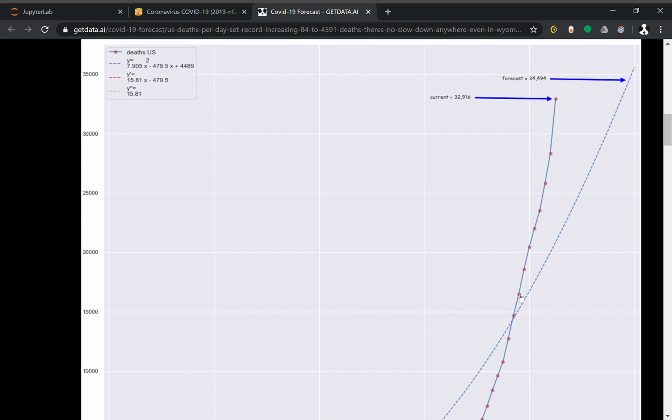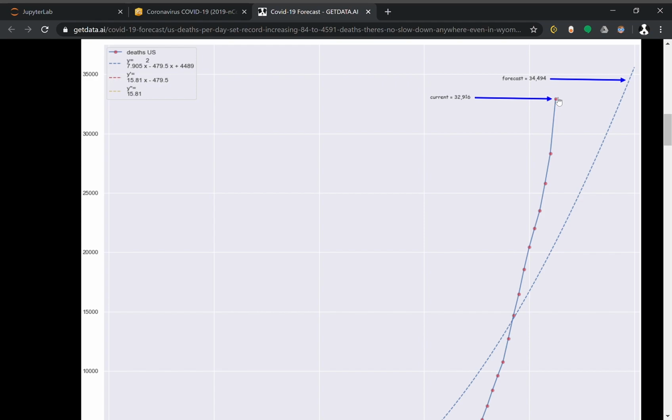You were right at around 17,500, right? And now you're at 32,000, which is almost double. So in 1 week, you've doubled, right? 1, 2, 3, 4, 5, 6, 7, which is right around 17,000, and you've gone to 32,000. So you've doubled in a week.